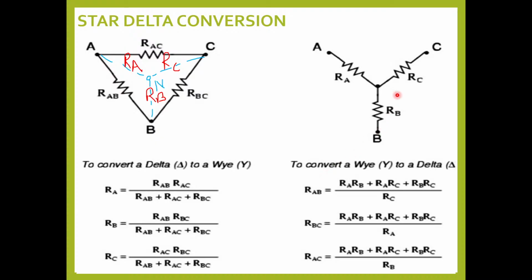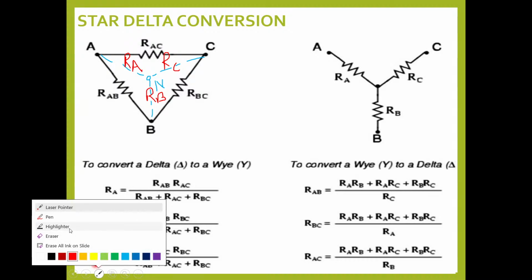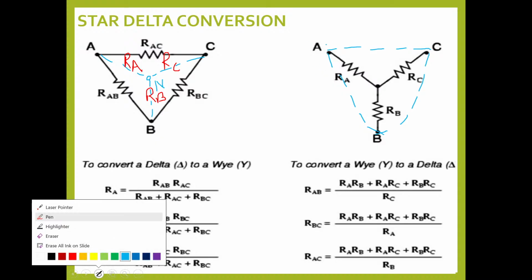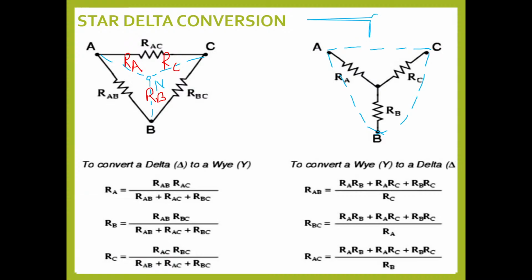Now, if I have star connected resistors and if I want to convert them into delta, once again what I will do is I will just join these terminals. I will join A with C, and C I will join it with B, and A I will join it with B. Okay, so if I join, I can write the resistance values. What is resistance between A and C?